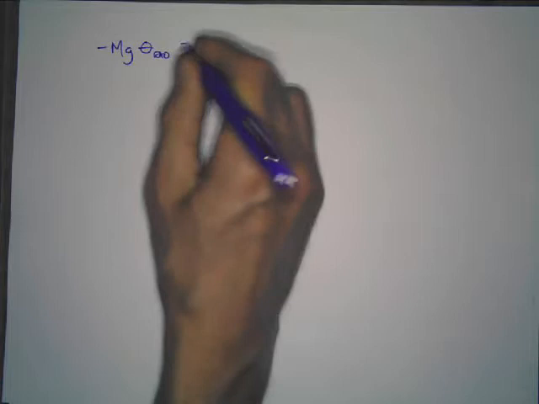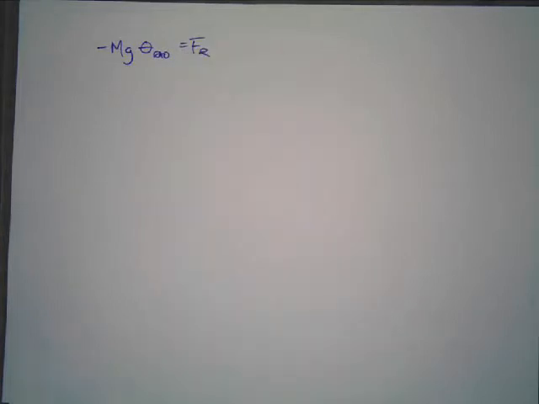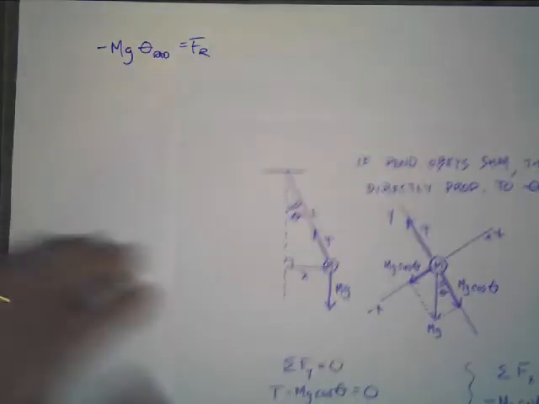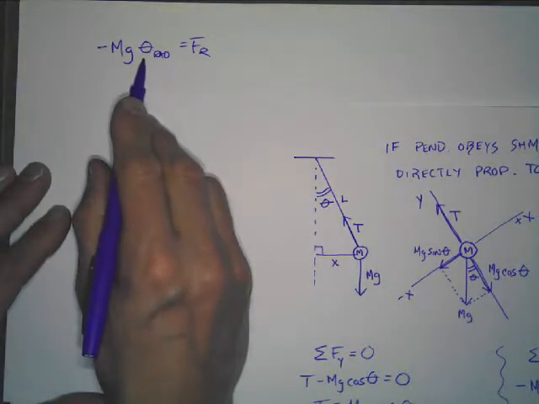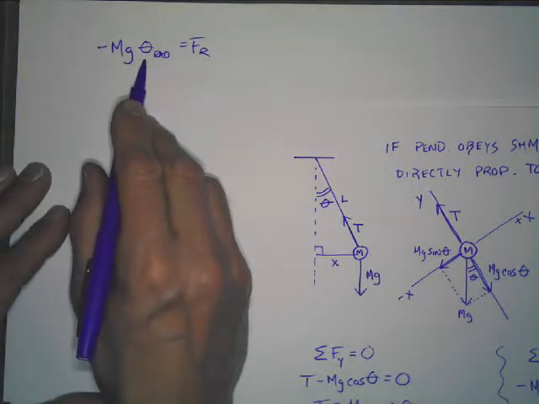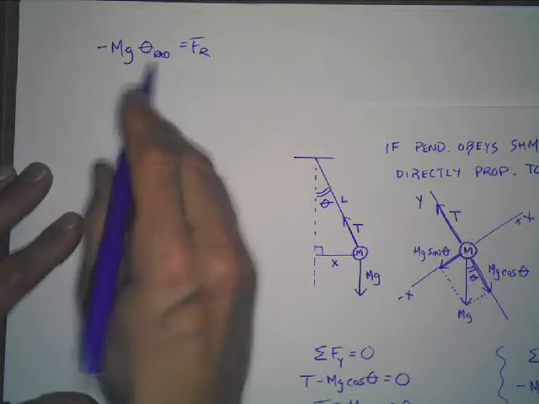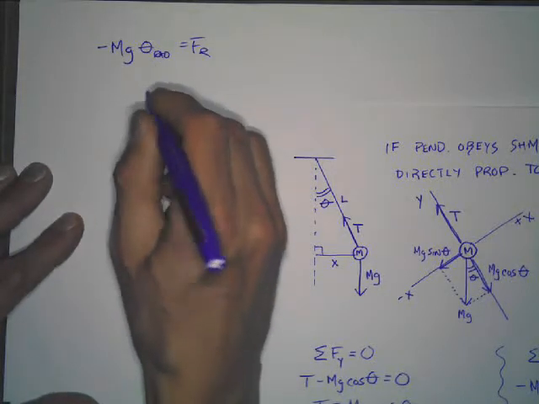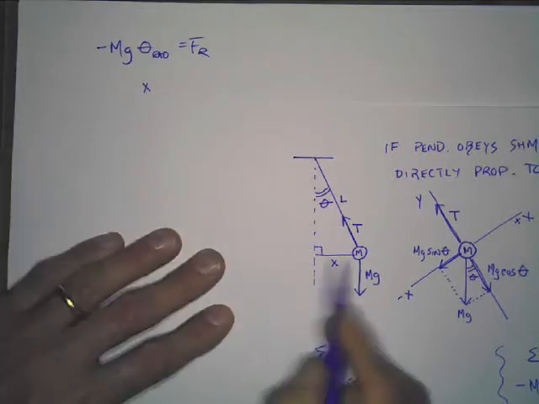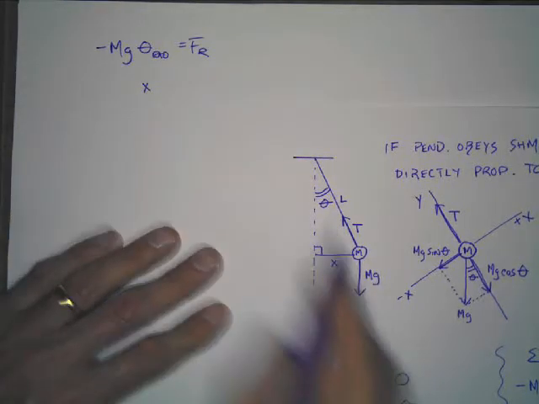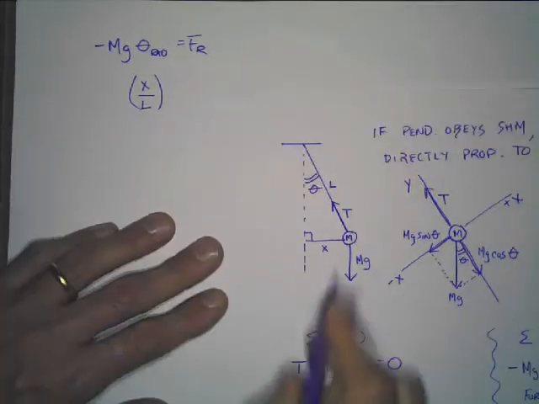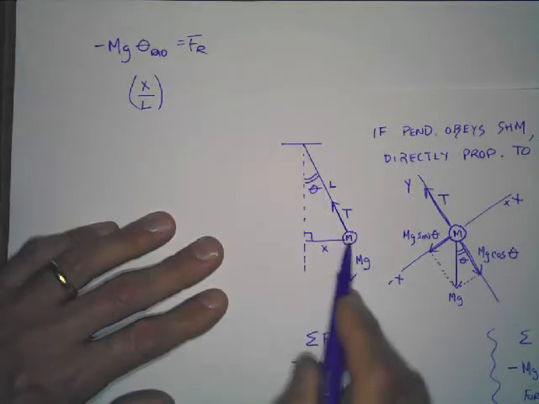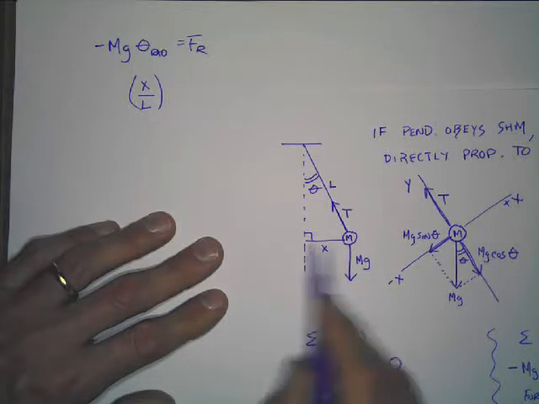Now, if I look back on my original picture, theta in radians is going to be equal to x over L. Right. So that's an arc length, really. That x would be like an arc length, but it's practically a horizontal line segment.